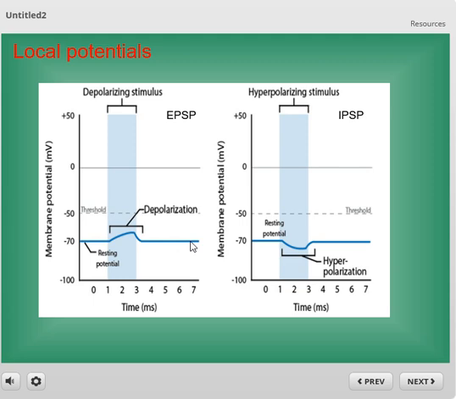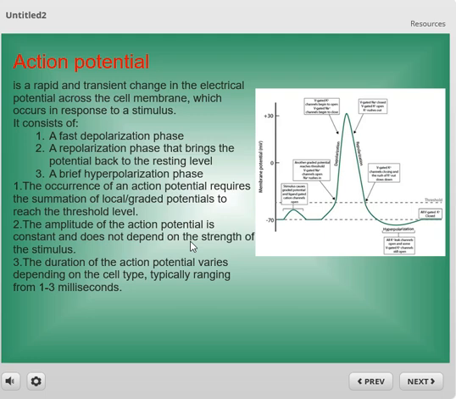These local potentials are generated in the postsynaptic membrane and remain localized without propagating as action potentials along the membrane. In fact, EPSP and IPSP play an important role in determining the probability of action potential generation in the postsynaptic neuron.